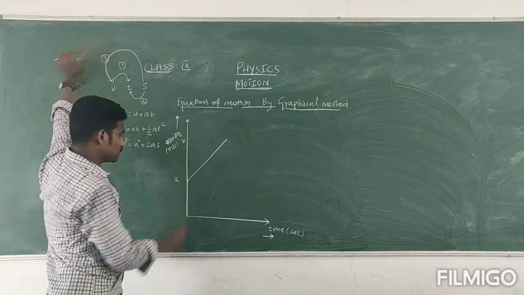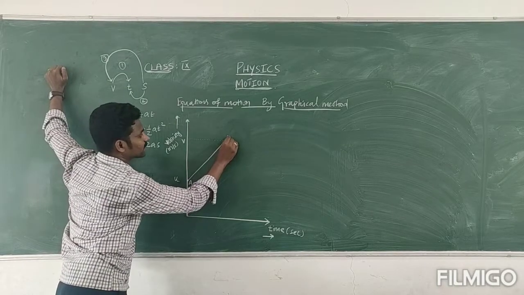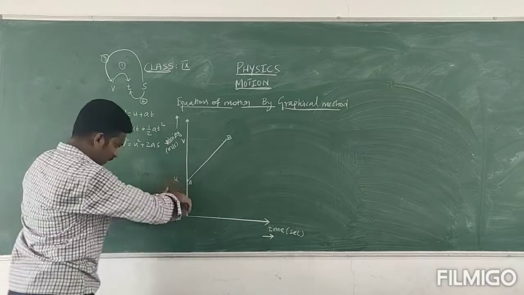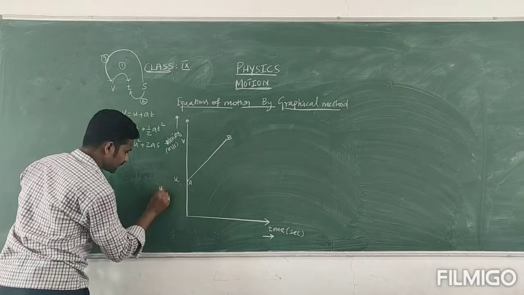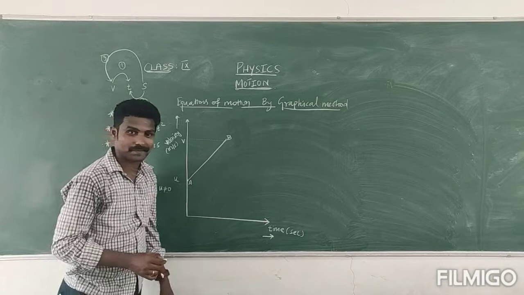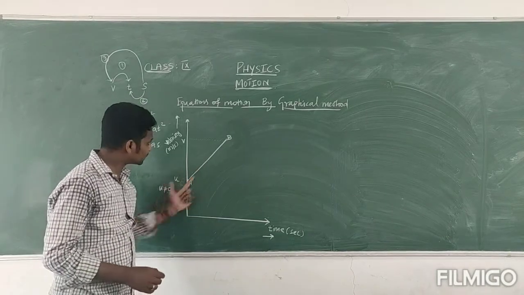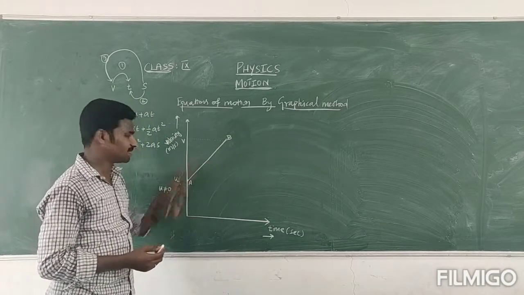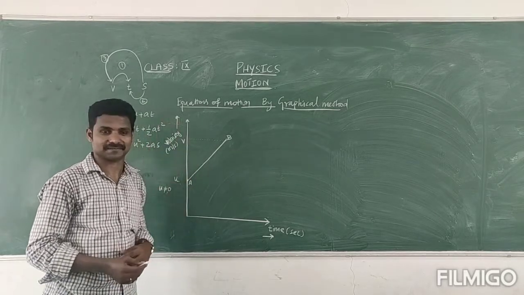This point is A, and here this point is B. Up to here there is no zero velocity, I mean the initial velocity is not zero. Some uniformity is there, so this slope must give uniform acceleration.